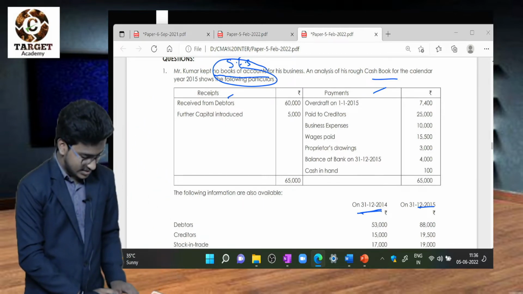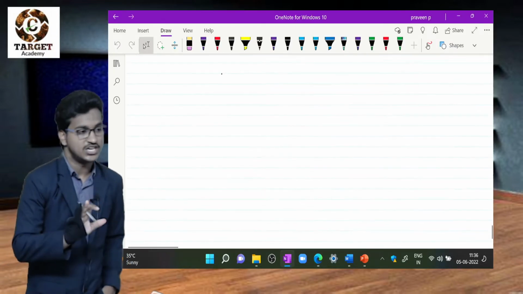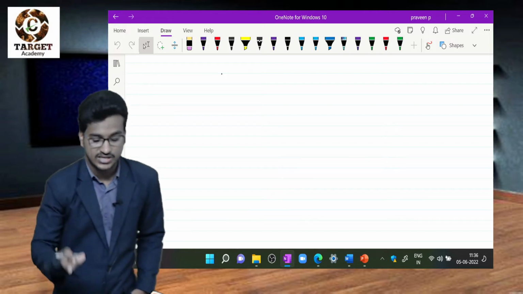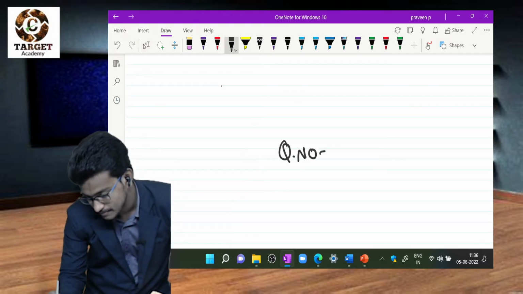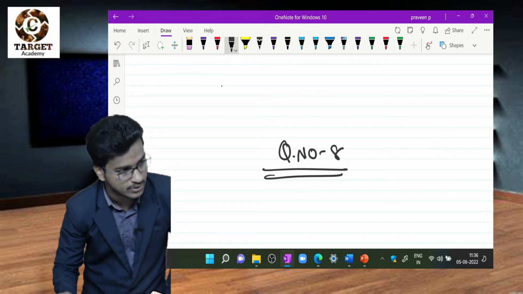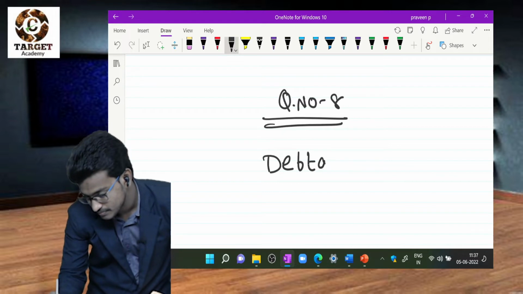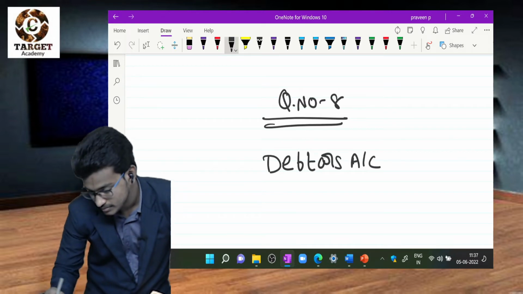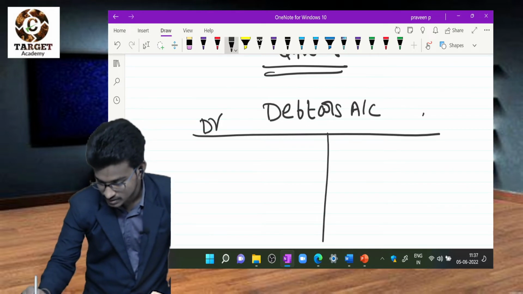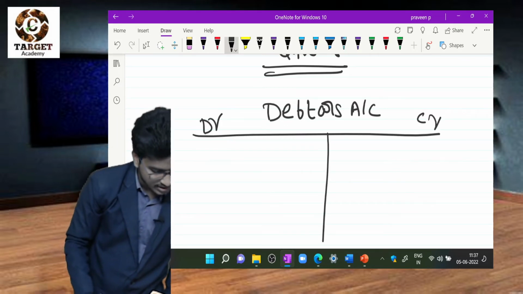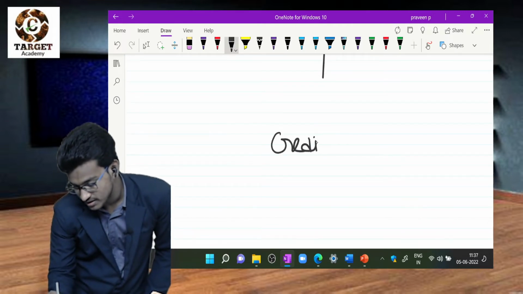Okay, let's get started with the solution. If this kind of problem comes in your exam, just open all accounts in the solution. For example, question number 8. What do I have to do? I have to open debtors account. Next, see the question, creditors account, because opening and closing balance is given, right?